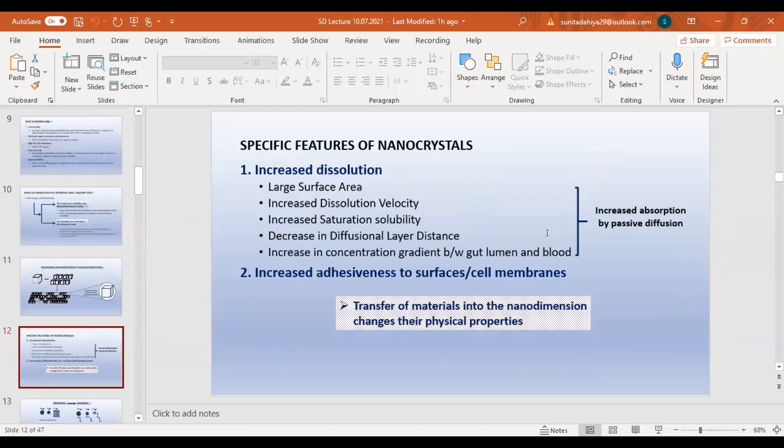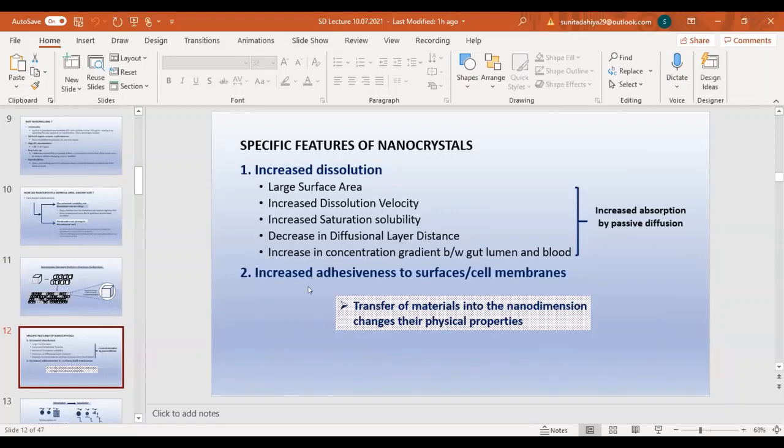Because of this, they will show various effects. It will show a large surface area because of the particle size reduction. At the same time, a very important effect is on the dissolution velocity and the saturation solubility, and it also decreases the diffusional layer distance and increases the concentration gradient between the gut lumen and blood, right?